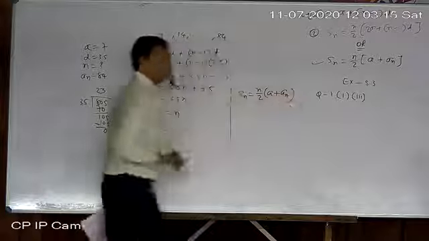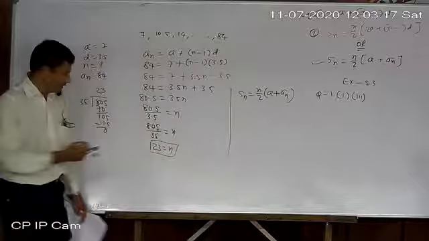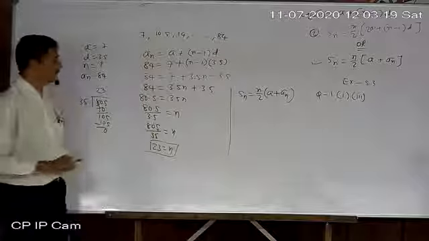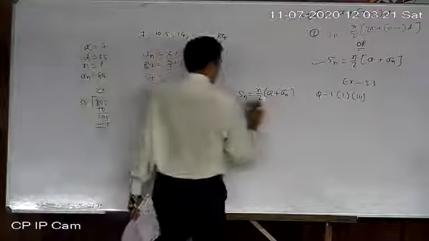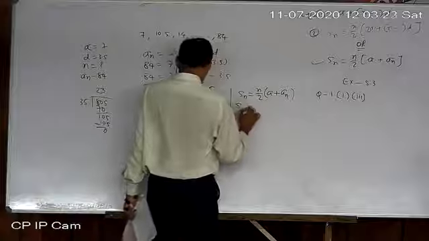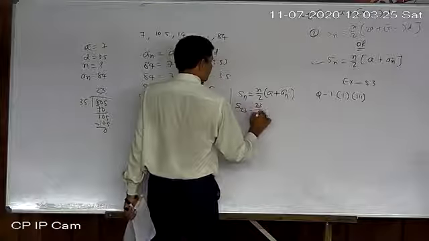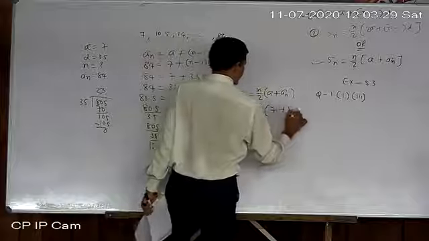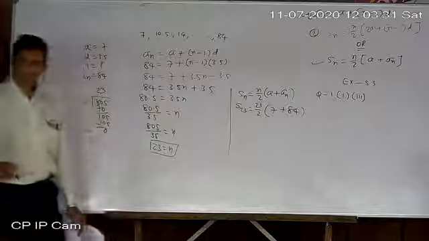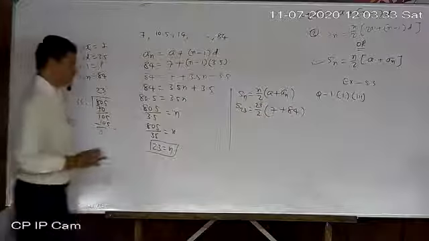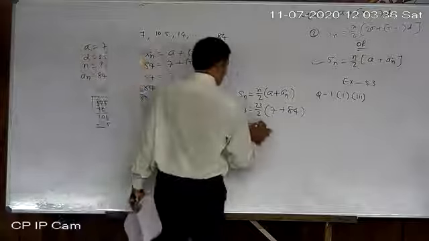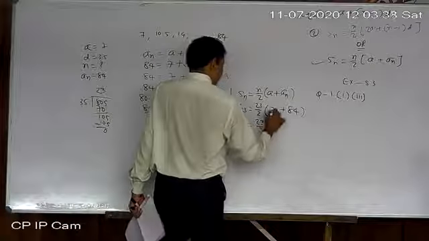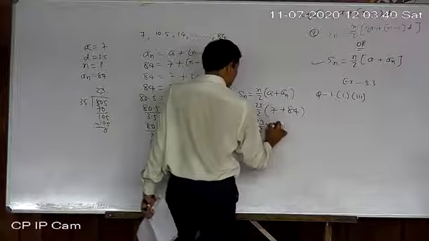An means last term, nth term, the 23rd term. So S23 equals 23 by 2, a is 7 and an is 84. So 23 by 2 into (7 plus 84), 91.